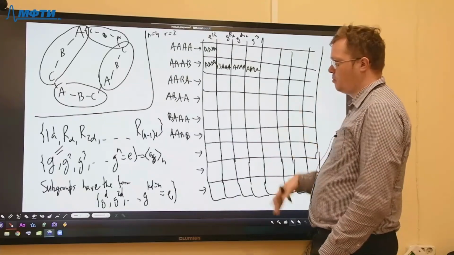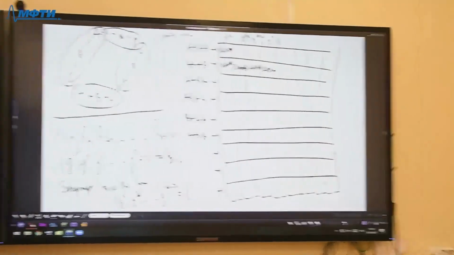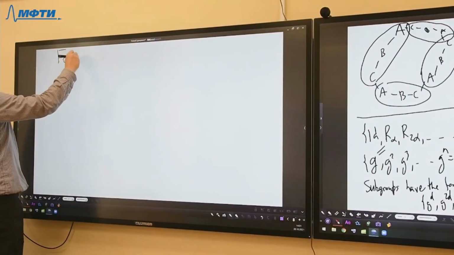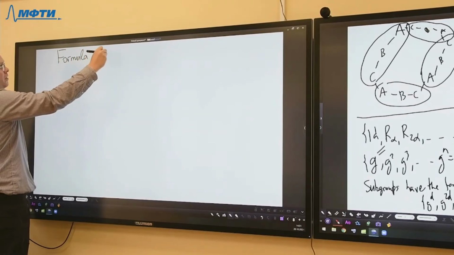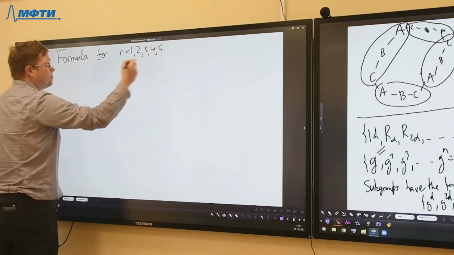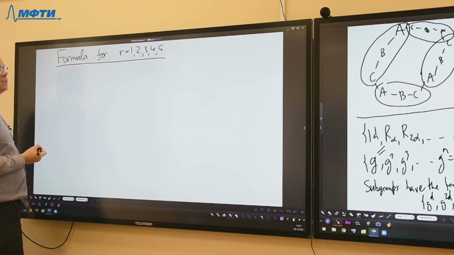But now I want to give you the formula for r equal 1, 2, 3, 4, and 6. Okay, so if we have one letter, then we have nothing to do.